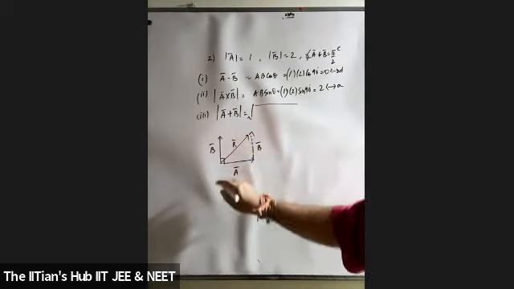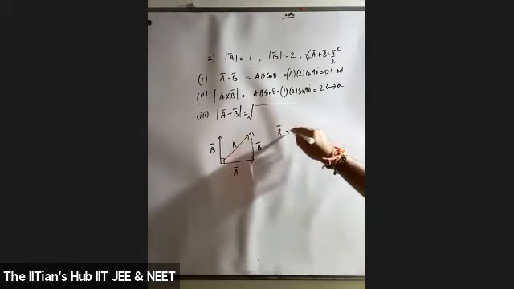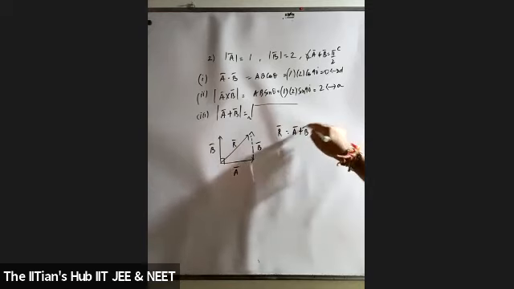That becomes my resultant. So can I write the resultant in vector form? Yes, sir. Resultant in vector form will be equal to A bar plus B bar.